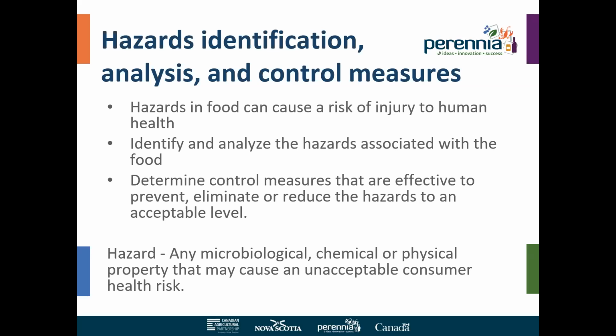Once we've identified these, we have to identify and analyze the hazards associated with that particular food product. And then we have to determine control measures that are effective to prevent, eliminate, or reduce the hazards to an acceptable level. So the definition of a hazard is that it's any microbiological, chemical, or physical property that may cause an unacceptable consumer health risk.